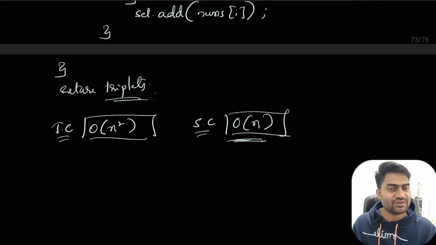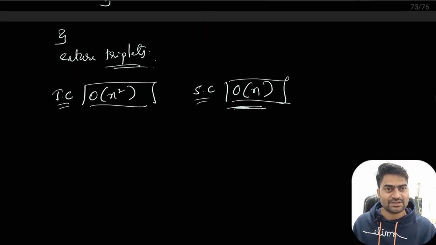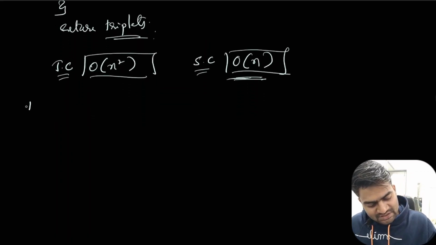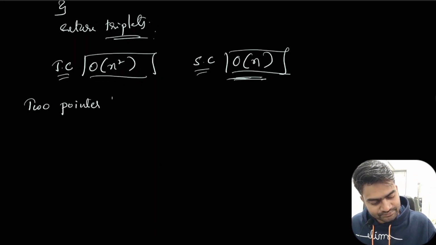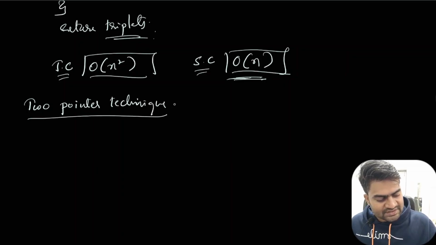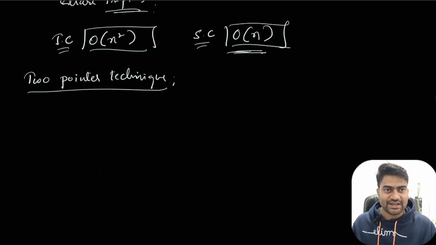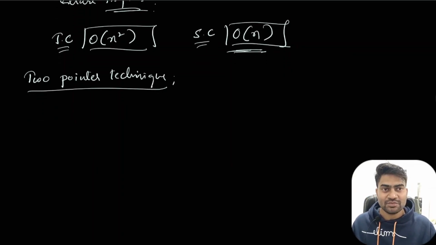So for sure, we know we can improve this using the standard two-pointer technique. So let us try to use the two-pointer technique. This solution is directly derived from the two-pointer two-sum problem with slight modification.